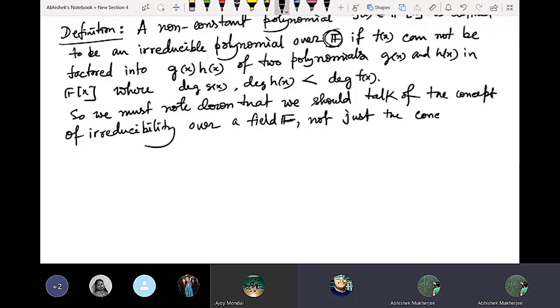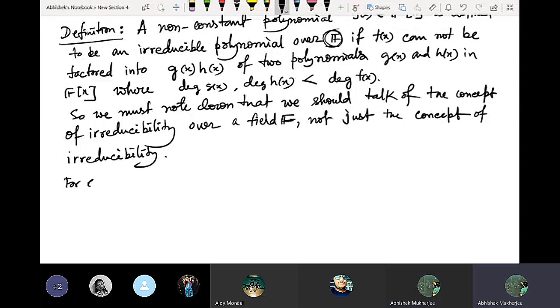That is, we must mention that it is irreducible over a field F. So the field should be mentioned. Okay.